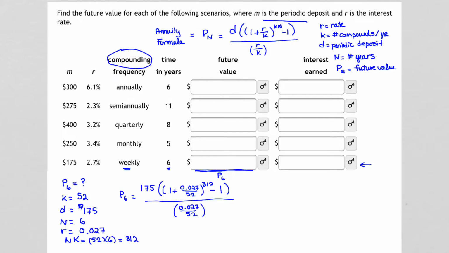I am simply taking our annuity formula from our notes and substituting all the values into this formula based on that bottom row. The next thing I'm going to do is calculate this.